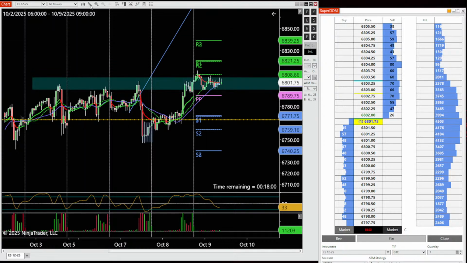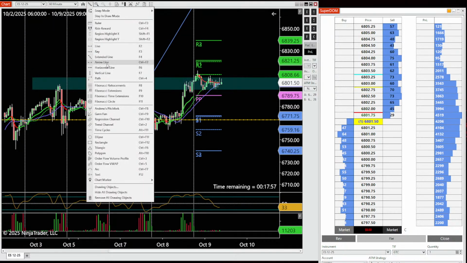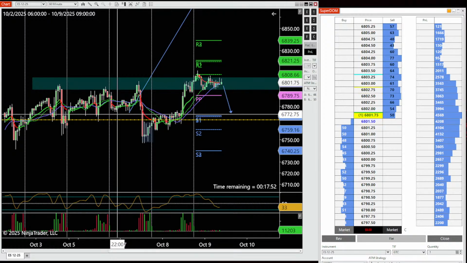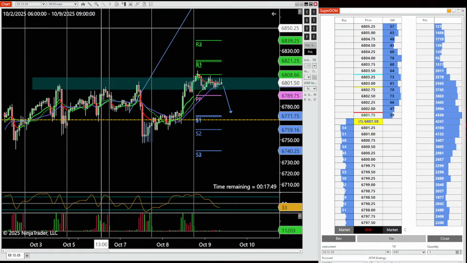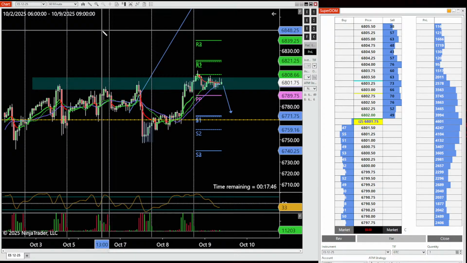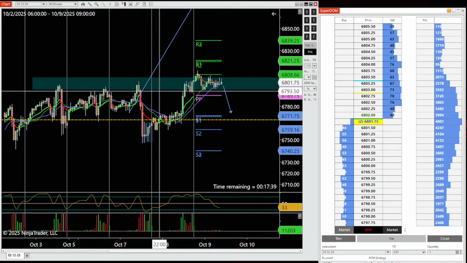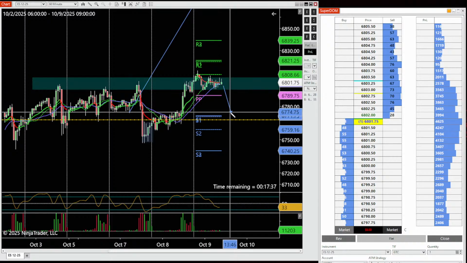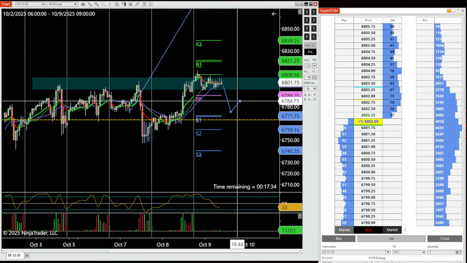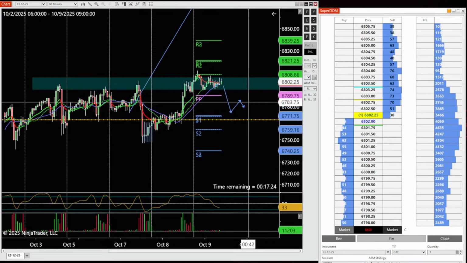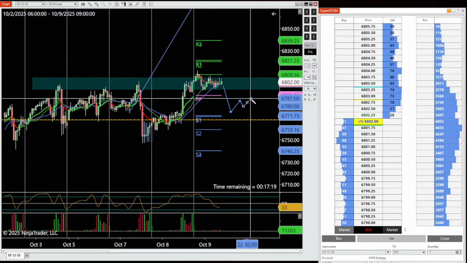They may come down here, back into this consolidated area, and then just work its way back up like this.